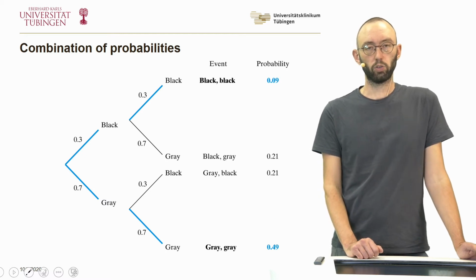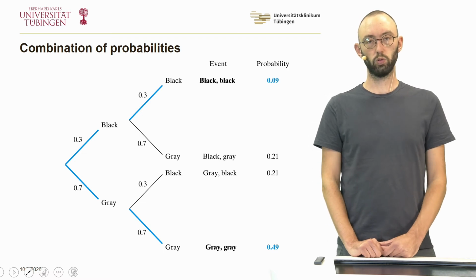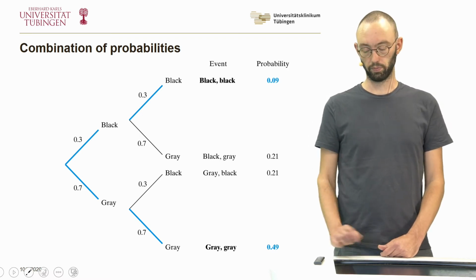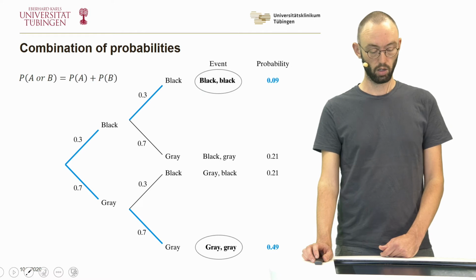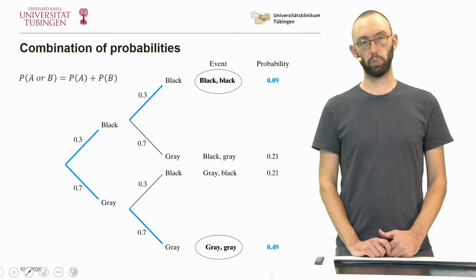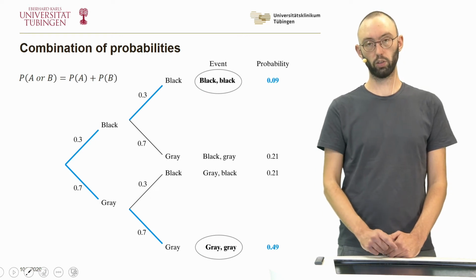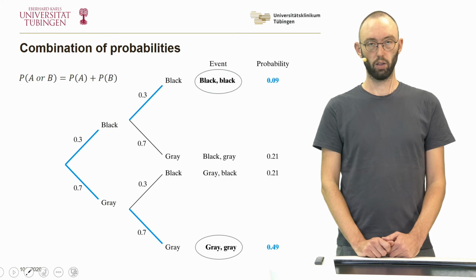So say we now want to compute the probability that we observe two animals with the same color. So that would be the probability that either event A or event B occurs. So any of these two mutually exclusive events.